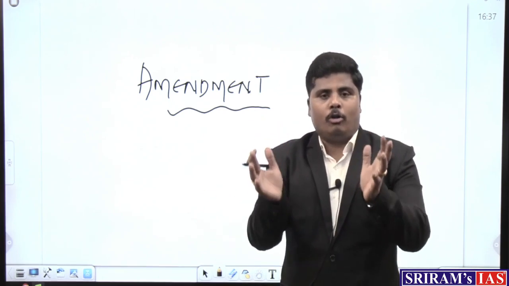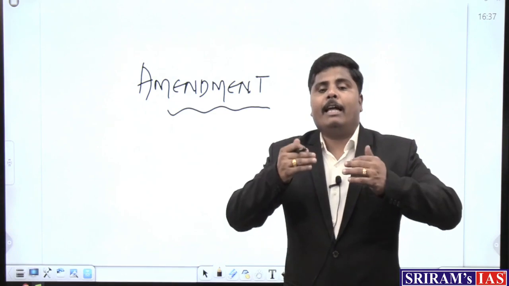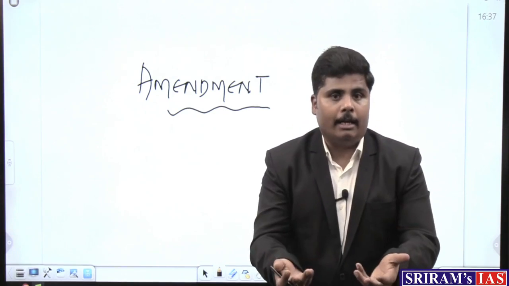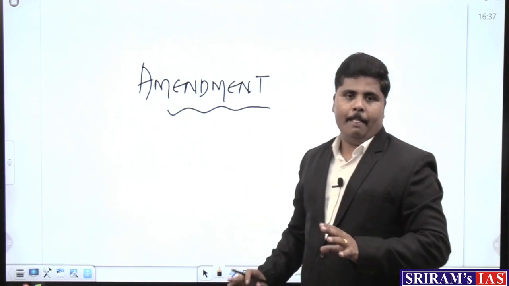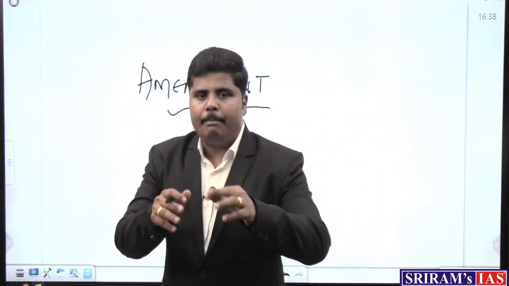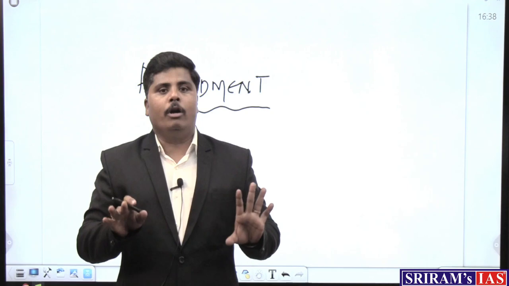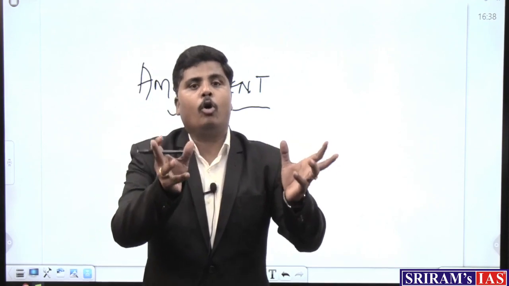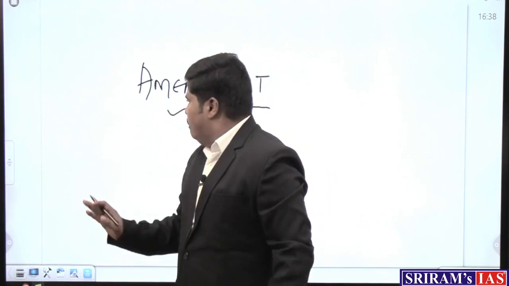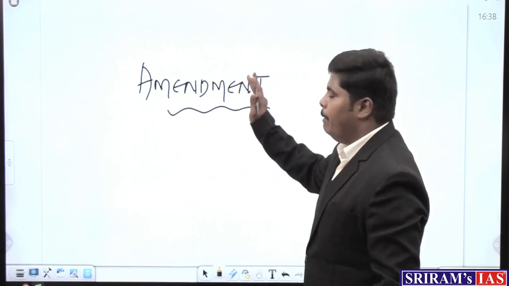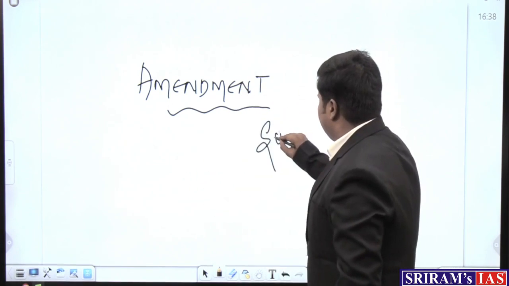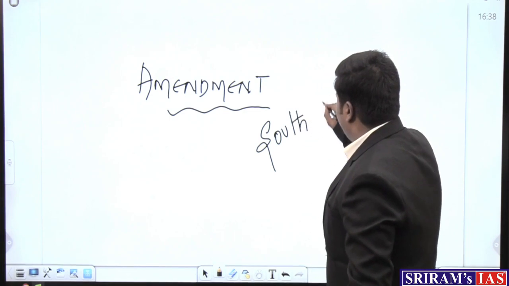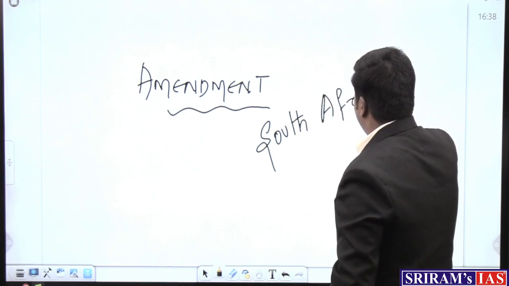When we have many borrowed contents, a question comes: what about the procedure for amendment? Have we made this amendment procedure on our own, or is it borrowed? Factually speaking, this amendment procedure we are discussing has been taken from the South African constitution.